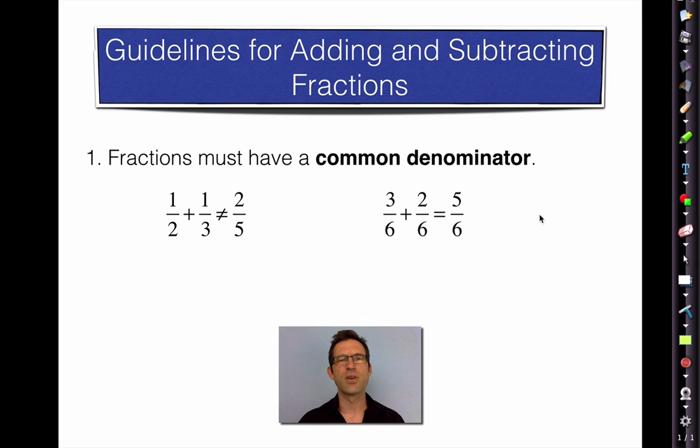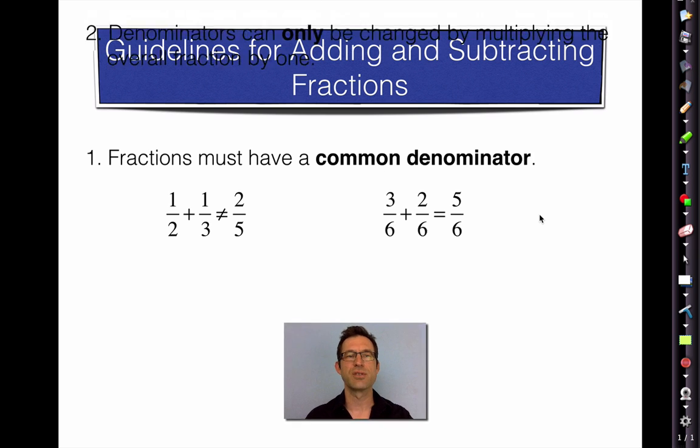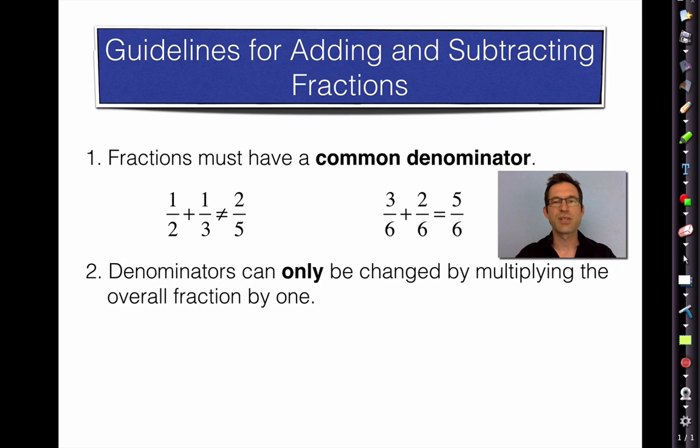The second thing that you have to understand about adding and subtracting fractions is that denominators can only be changed by multiplying the overall fraction by 1, by multiplying by the number 1. So in other words, if I've got 1/2 plus 1/3 and they don't have a common denominator, then I've got to change that into something that's equal to it. What do I do?